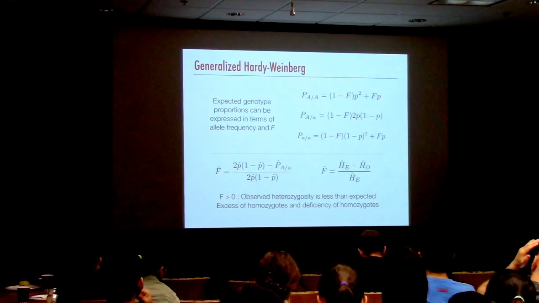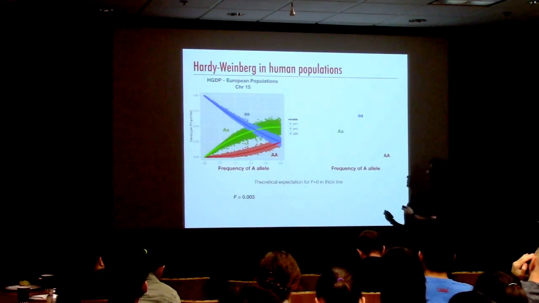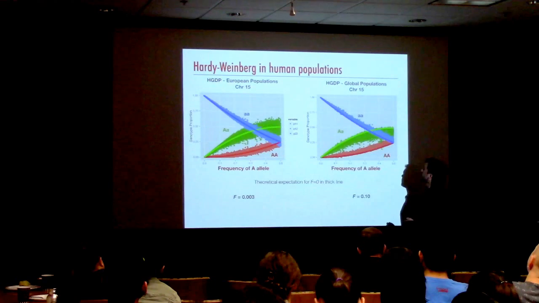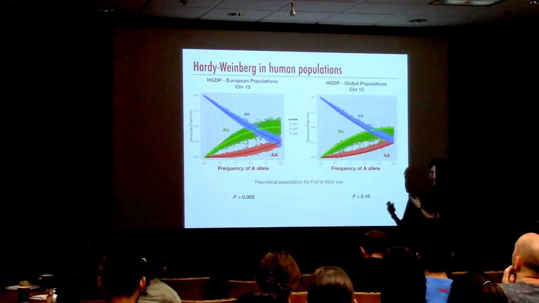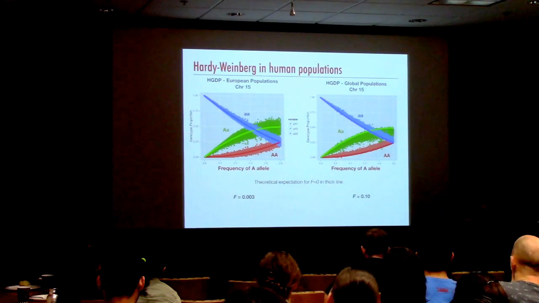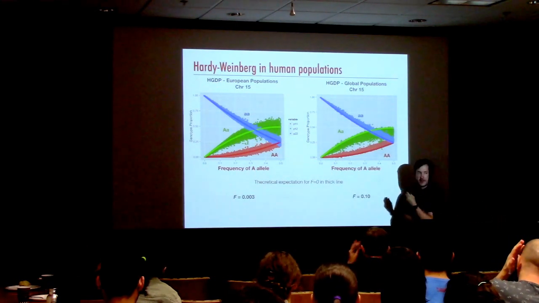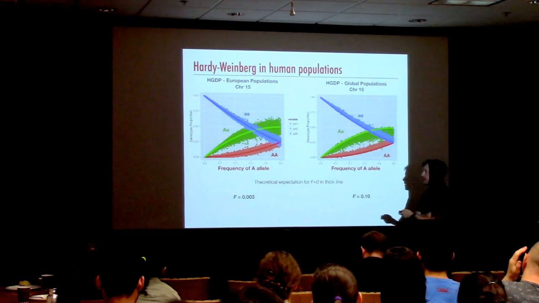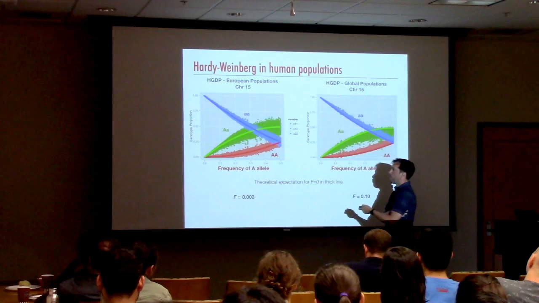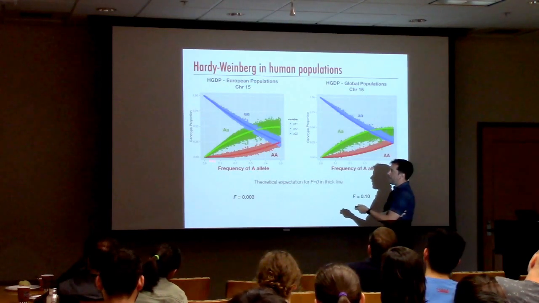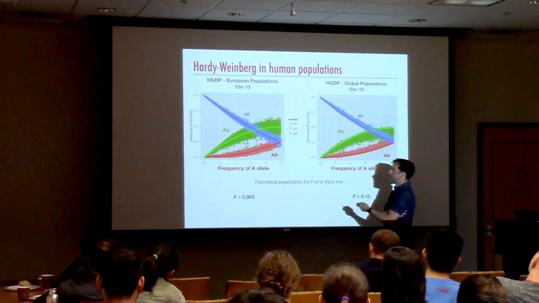Okay, so what does this look like in practice in some human genetic data? This is from the Human Genome Diversity Panel, taking real SNP data and plotting each SNP as a set of 3 dots. We compute the frequency of one of the two alleles, the minor allele, the allele at lower frequency, and we'll call that the big A allele.